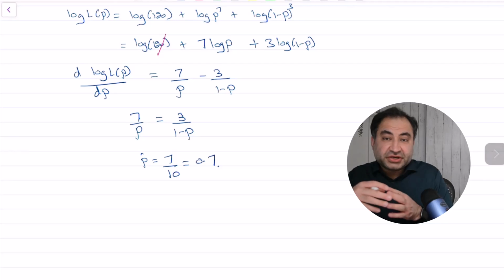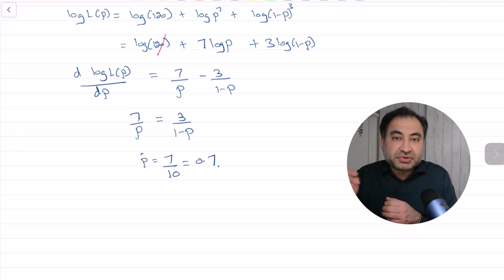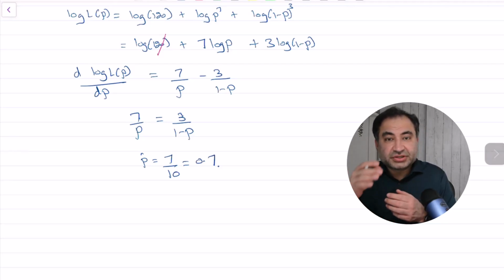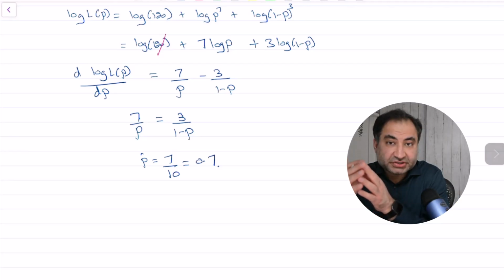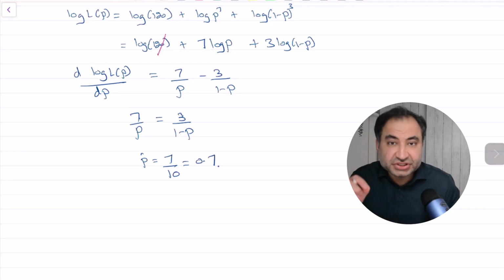Typically you will have multiple data points, and we assume that those data points, generated from a given probability distribution, are independent. When you write their joint probability, it will be a product of the probability of each individual data point.